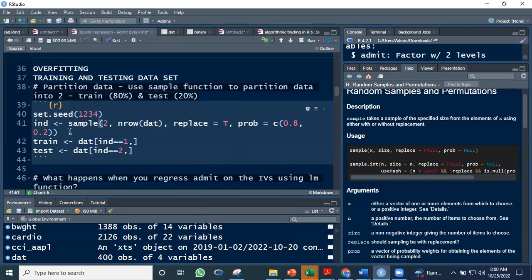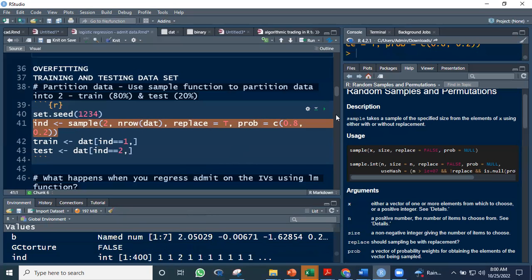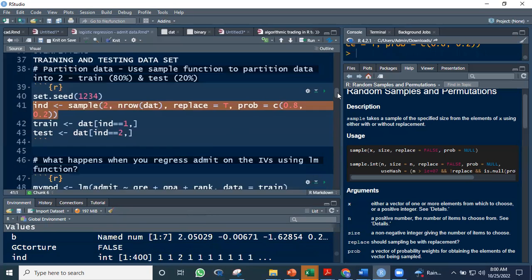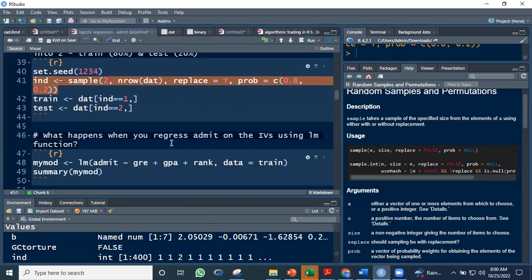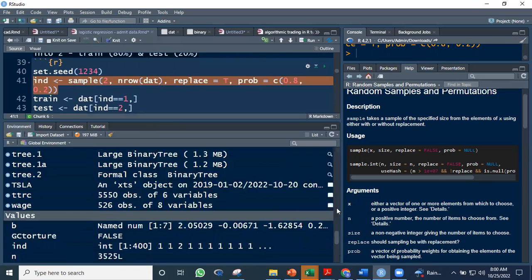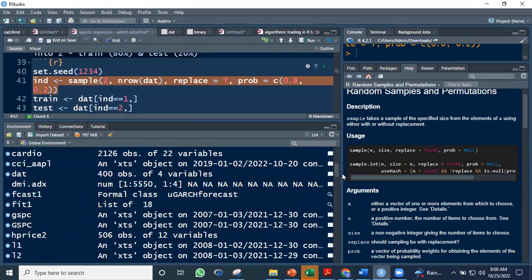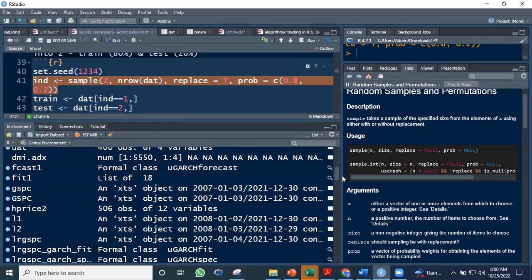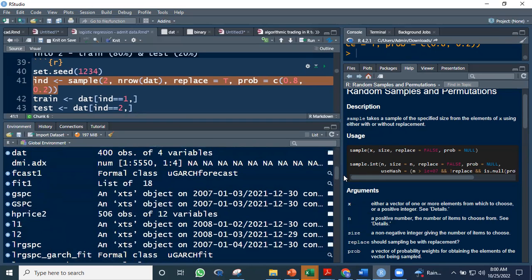Alright, so let's run this first. Run natin tong index na to. Control Enter. Okay. So now we should have this in here, sa environment natin. Okay, na-run ko na ba?